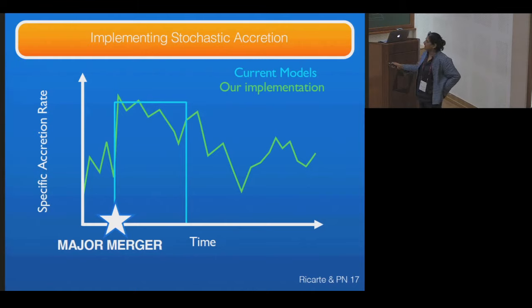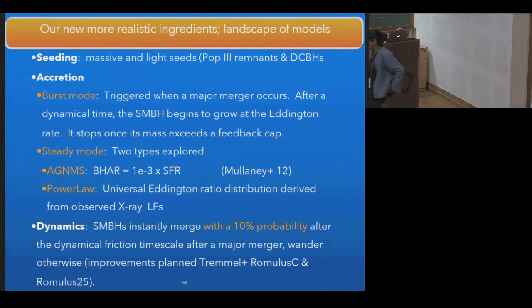On top of that, you have the merger, and you have this stochasticity, this small scale variability that we are adding on. We find that we have to add these elements. We did it with a minimal set, and we found that you couldn't reproduce the data. You need all these elements to reproduce what is seen.